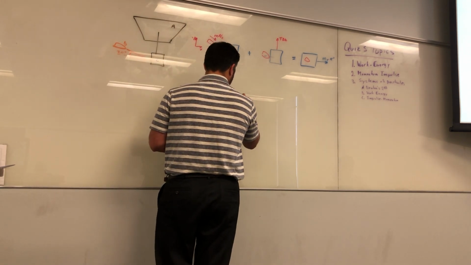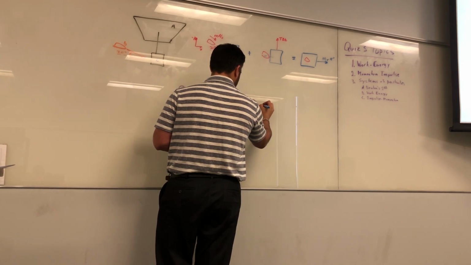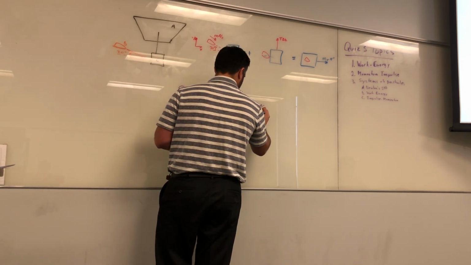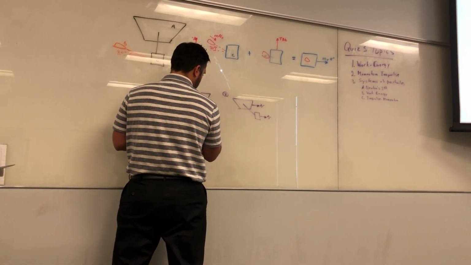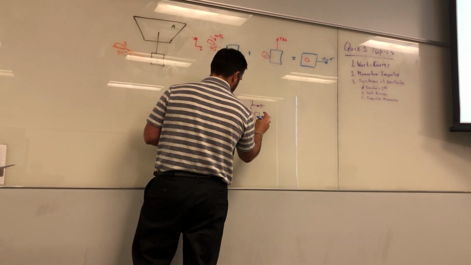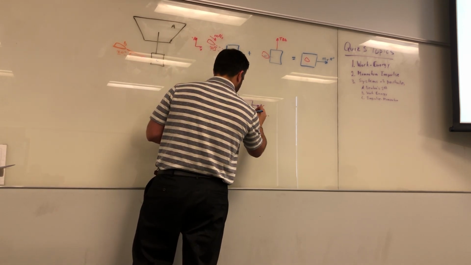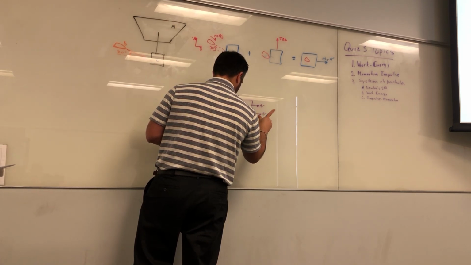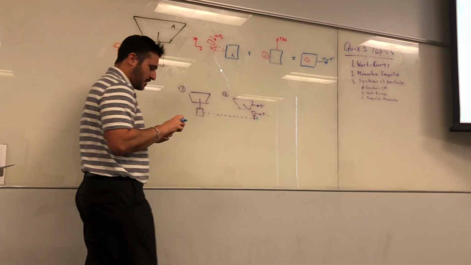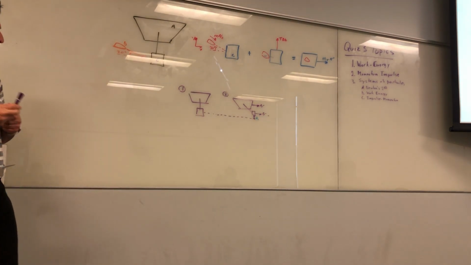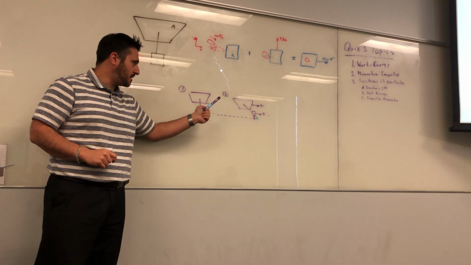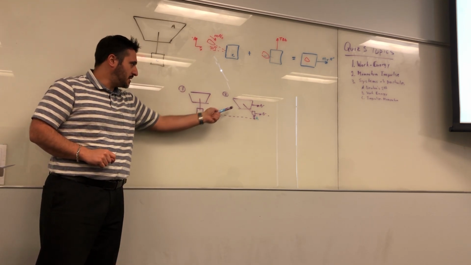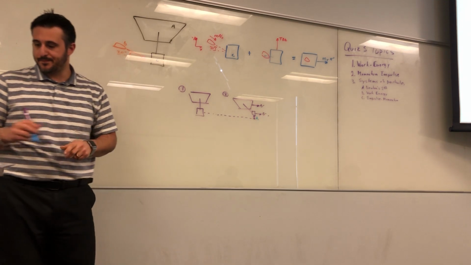And state 2, this now has some velocity, which is the same as this velocity, because this is the maximum height. So at state 2, if we use this as the datum, there's some height here, and we'll call it h. That's state 2. The potential energy of the cart hasn't changed. The only thing that's changed is the kinetic energy here and the potential energy of the block.